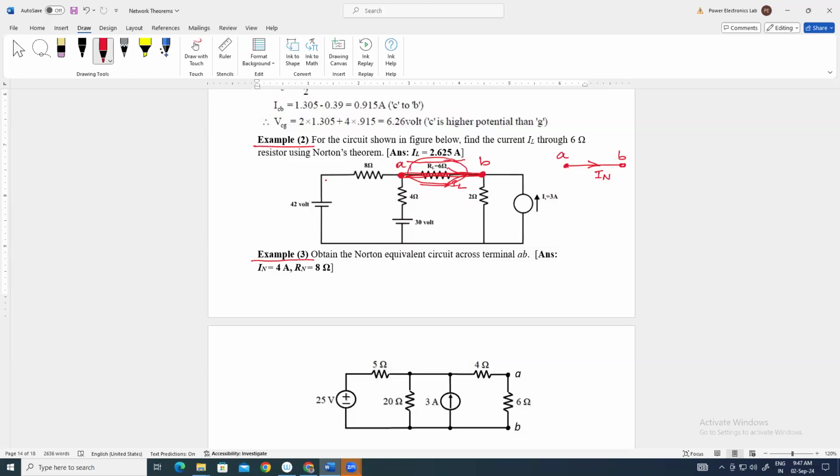So we have to solve the circuit and calculate the value of IN. So the first procedure is to calculate the value of IN by creating a short circuit between these two terminals AB. What is the next procedure?